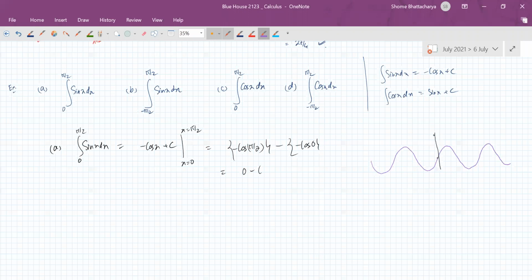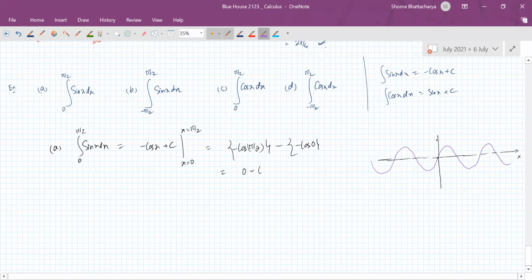Somewhere here will be our y-axis. So this point is pi by 2. And this point is minus pi by 2. So the first one is this area.